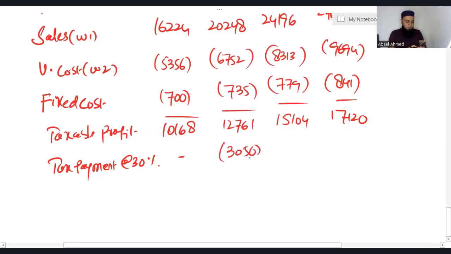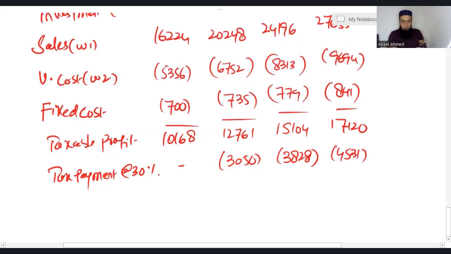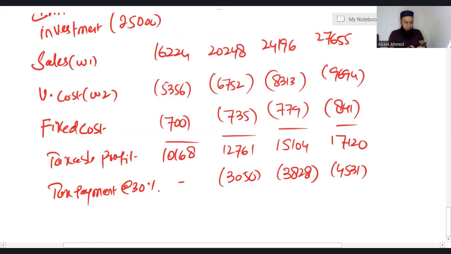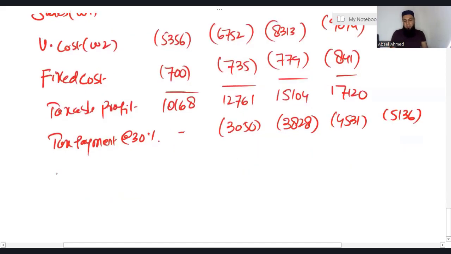Then 12,761 into 30%, 3,828. Then 15,104 into 30%, that is 4,531. 17,120 into 30%, that is 5,136. Okay. After calculating the tax payment, now you have to just simply take tax saving from capital allowances.